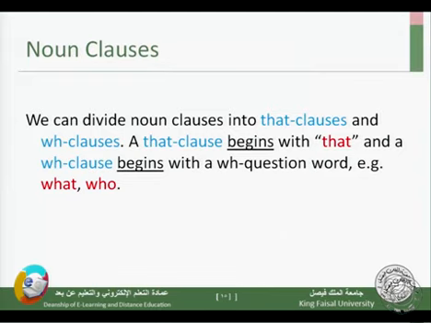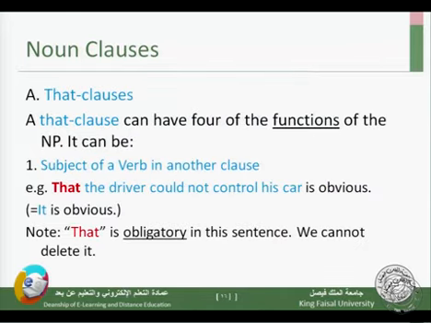From their name, a that clause begins with that, and a WH clause begins with a WH word, like what or who. We call these WH question words. So two types of noun clauses, that clauses and WH clauses. We will start with that clauses.